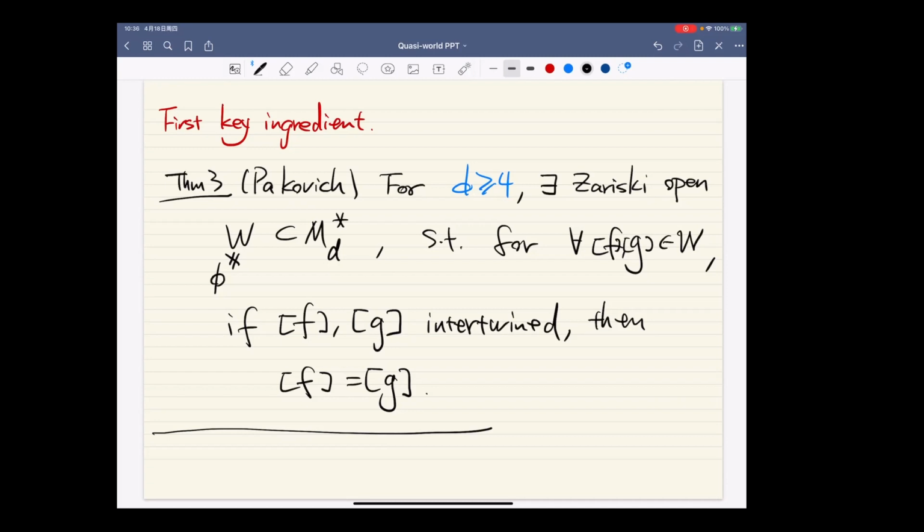In this theorem, Pakovich has the assumption that D is at least 4. So that's why we need D at least 4 in our proof.